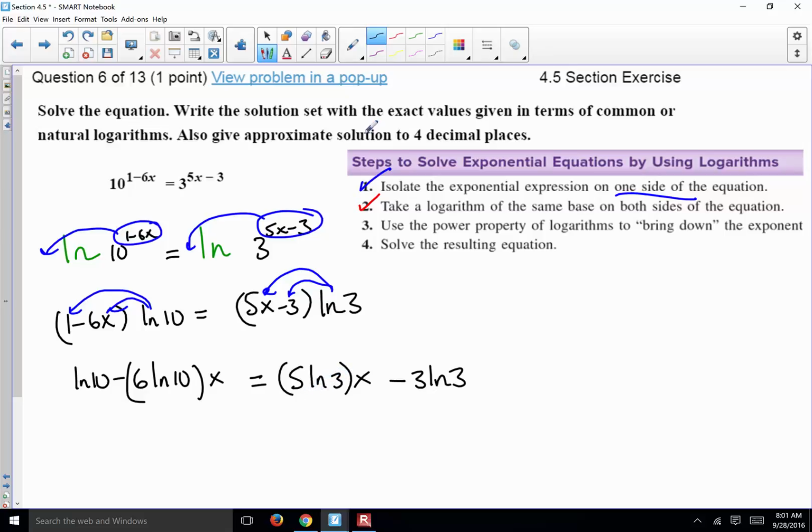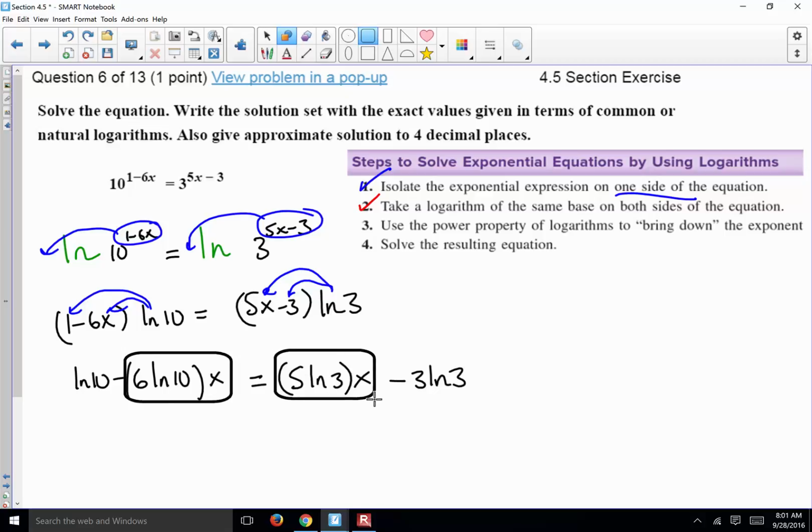Okay, next, remember, we need to bring x's together, and I see two spots with x's. 1, 2. They need to come to the same side. Which side would you move them? I don't like negative variables, so I want to add both sides this. I want to move x's to the right. Okay, and this way, these two cancel.